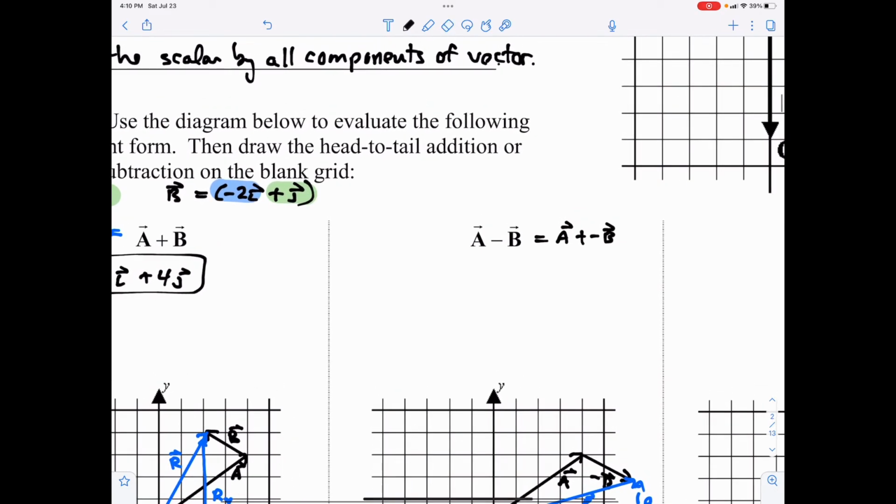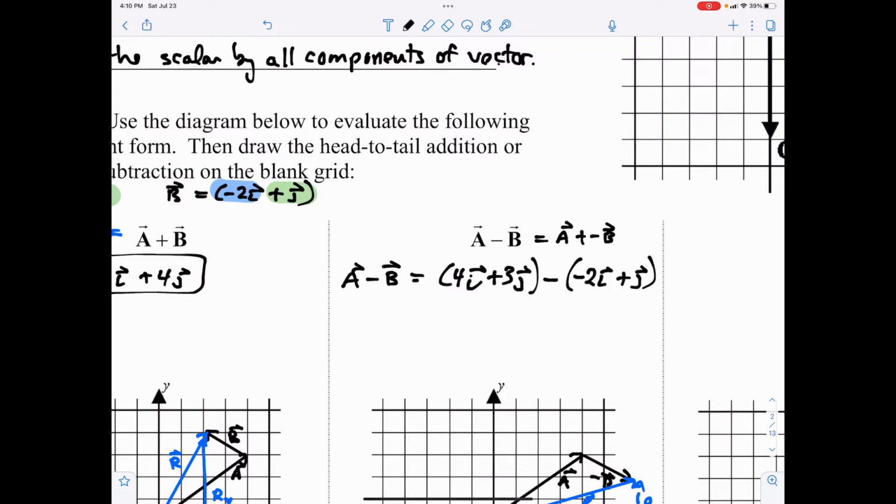Okay, if we were to look at this one here, A minus B, would be, again, we have 4i plus 3j minus negative 2i plus j.